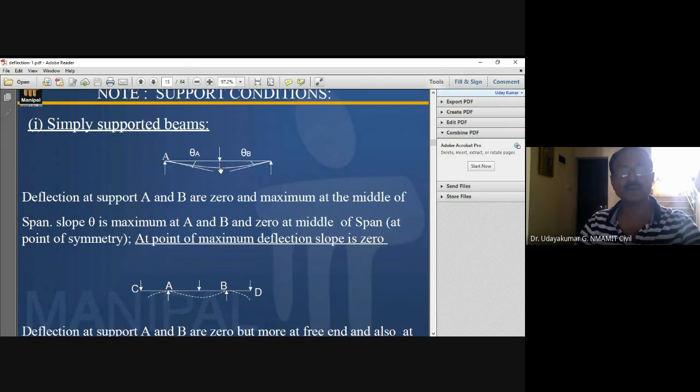If you draw a tangent here, it makes 0 angle, and the vertical measurement from the axis to this point where slope is 0 is the maximum deflection. At a point of maximum deflection, slope is 0.